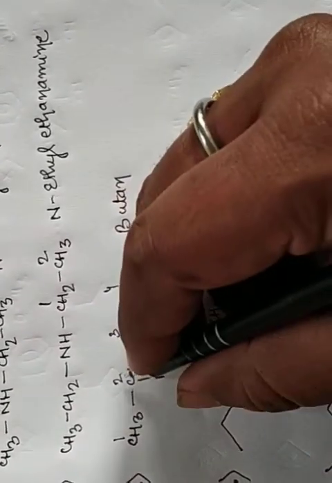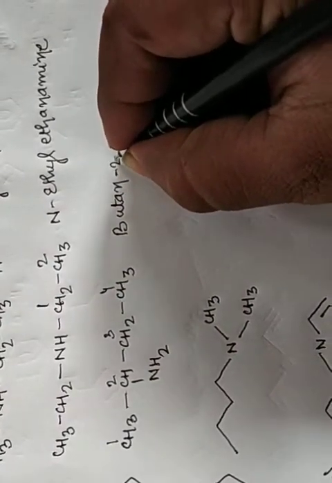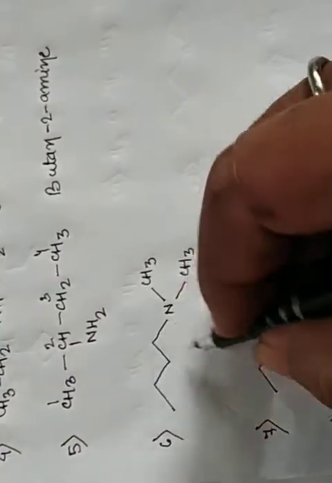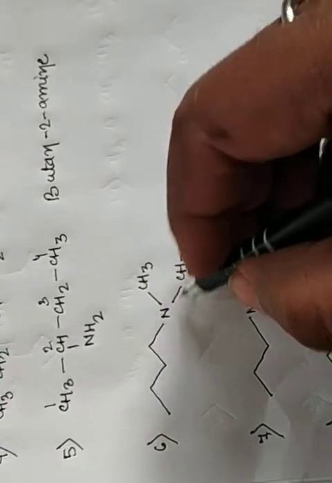The NH2 group is on the second carbon, so butane-2-amine. Clear? Okay. Next, there is a longest chain and there are 2 methyl groups. You know very well the valency of nitrogen is 3: 1, 2, 3.